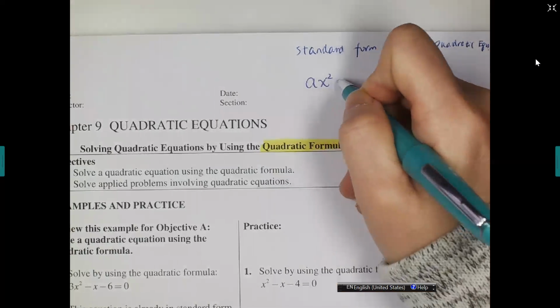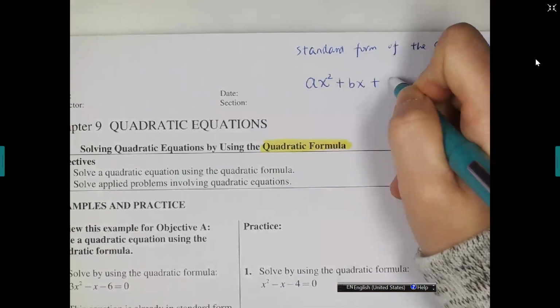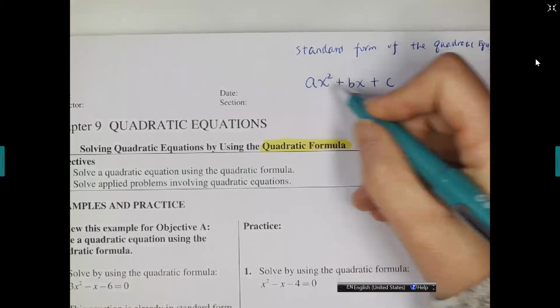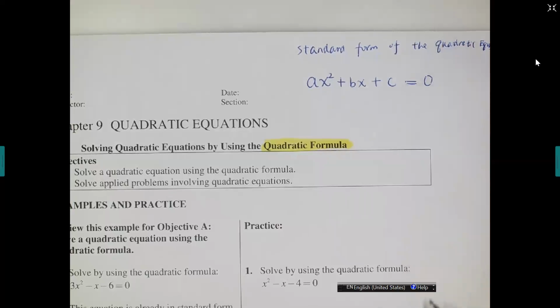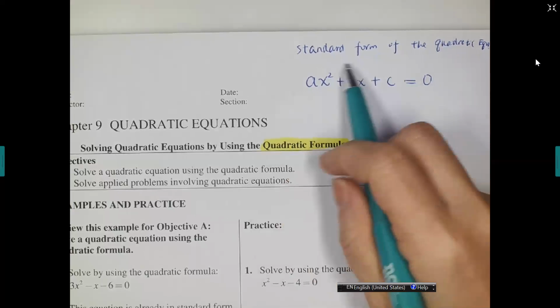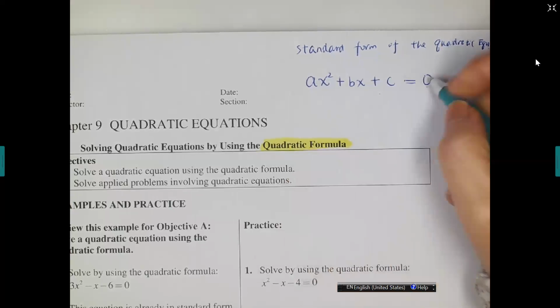everything goes to the left side and they are sorted in order. So the standard form has all terms on the same side, which means we see 0 on the other side.